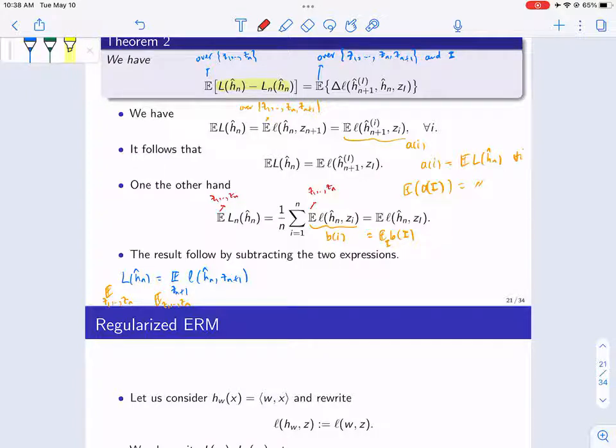So there's no randomness left here. And then what I have here is just the expectation over Z1 up to Zn and i. Just argue it for yourself. It's rather simple. The trick is that because you're averaging over everything, things sort of work out.